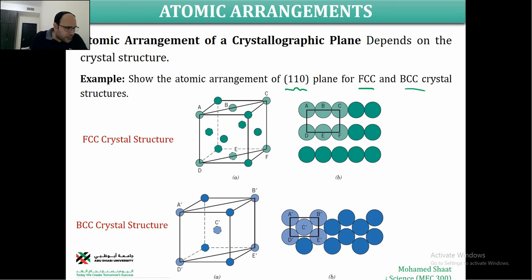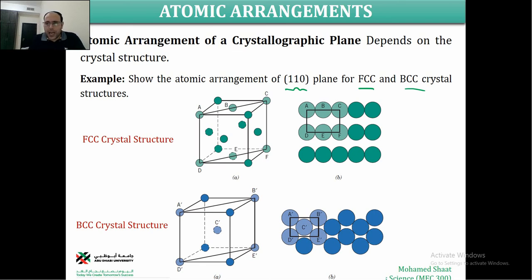One of the other benefits of crystallographic directions and planes, as we discussed at the start of the class, is this: if we decided to look at the material microstructure using a microscope with very high resolution, zooming, and magnification, we can see the atomic arrangement.